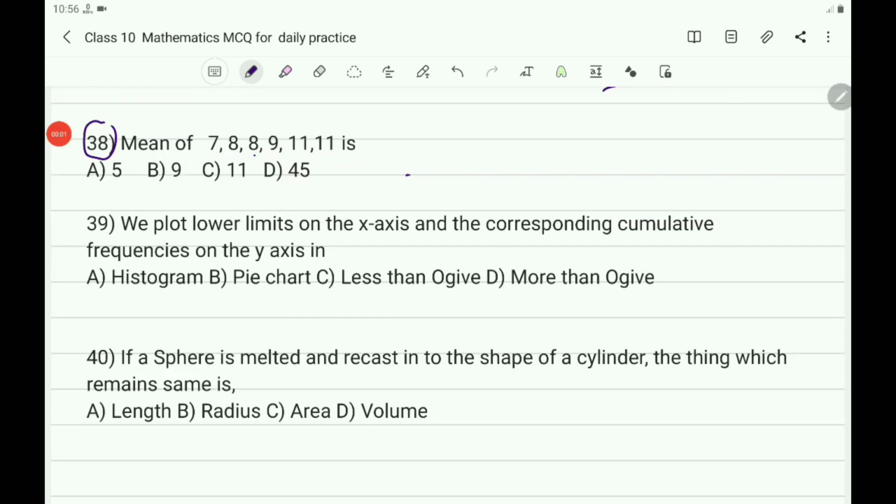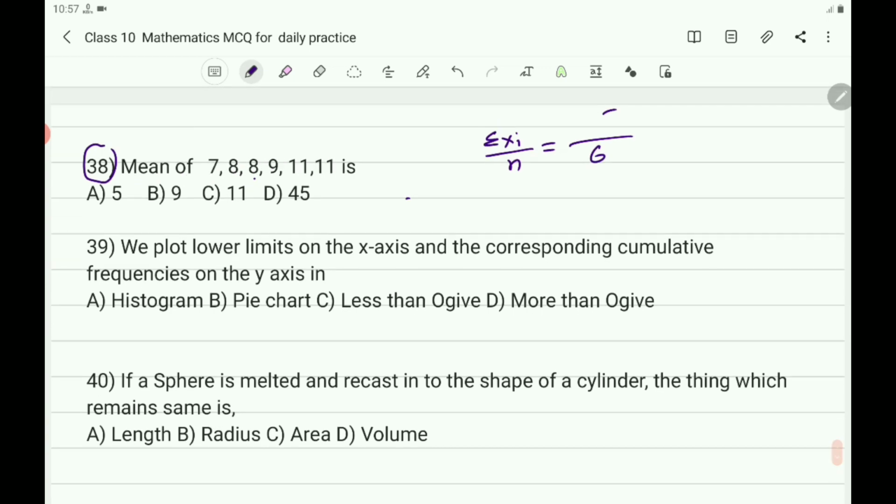Now question number 38. Mean of 7, 8, 8, 9, 11, 11 is. You know the formula to find the mean, that is sum of all the scores divided by number of scores. Here what is n? n is 1, 2, 3, 4, 5, 6. How many scores are there? 6 scores are there. Write 6 here.